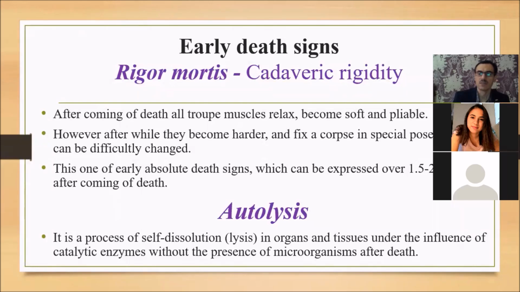After death, the muscles in the corpse relax, become soft and pliable, and then some groups of muscles continue contracting, because for the muscle contraction the sarcomeres need ATP. After death, all of the ATP molecules are destroyed in the body.